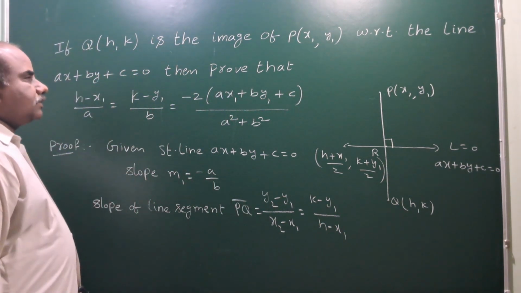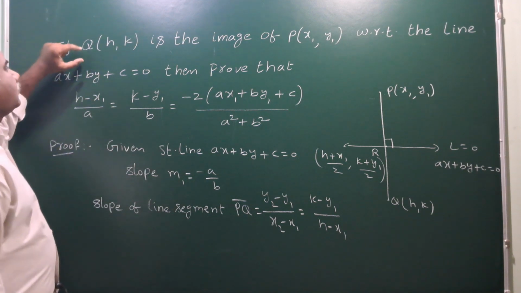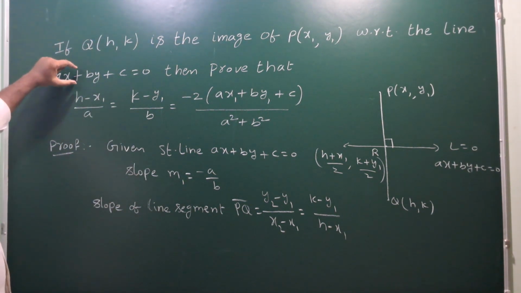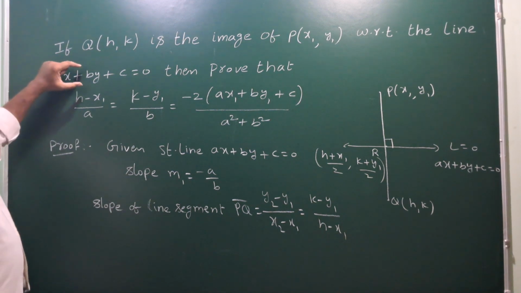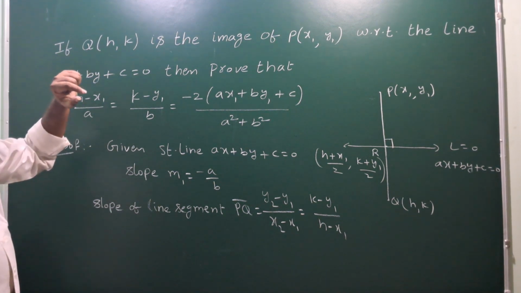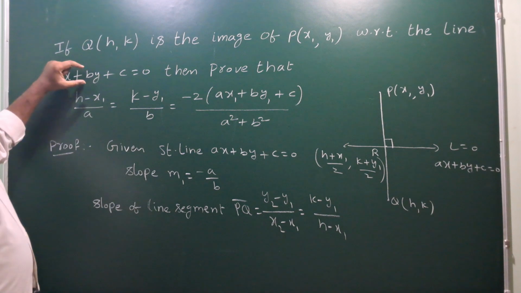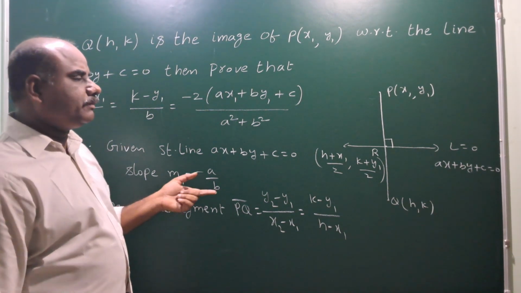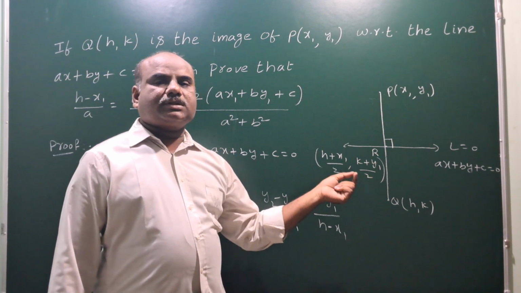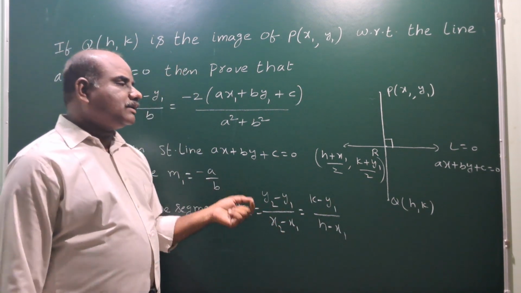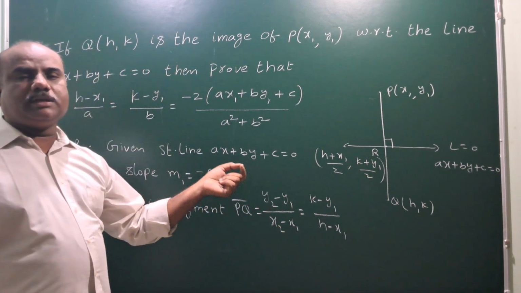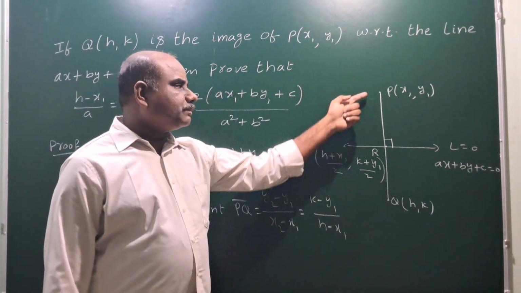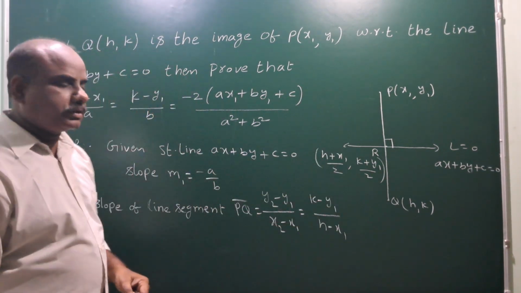Okay, so according to the statement, Q(h, k) is the image of P(x1, y1) with respect to this line. Then what we observe from this statement is that this line behaves as the perpendicular bisector of the line segment PQ. Okay, ax + by + c = 0 behaves as the perpendicular bisector. That means this line is perpendicular to the line segment PQ.